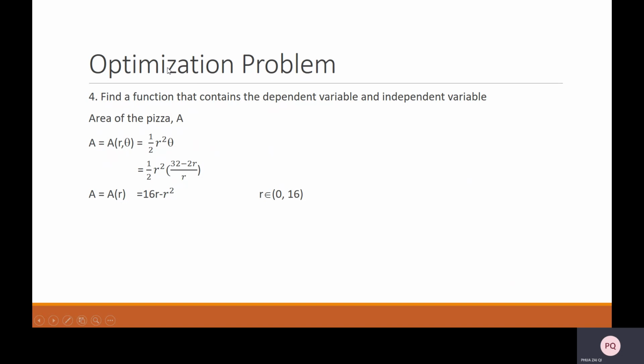By expanding half r squared times (32 minus 2r) divided by r, we get 16r minus r squared, and r is in the range of 0 to 16, because if the radius is more than 16, the perimeter of the pizza will be more than 32 inches, which is not allowed in this question.